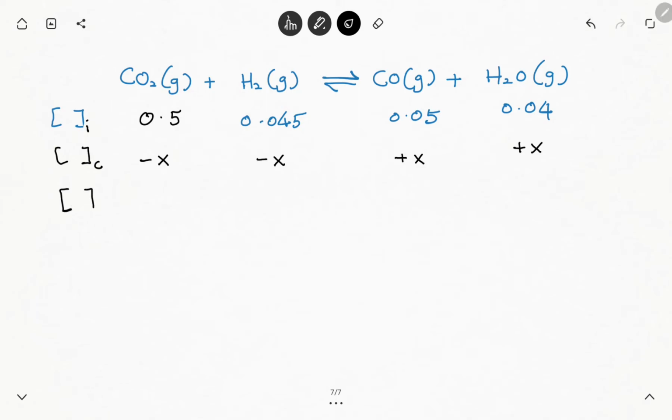So the concentration at equilibrium will be 0.5 minus X for CO2, 0.045 minus X for H2, 0.05 plus X for CO, and 0.04 plus X for H2O. Then write the Kc expression.